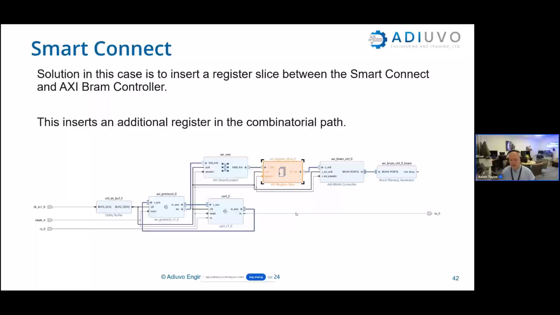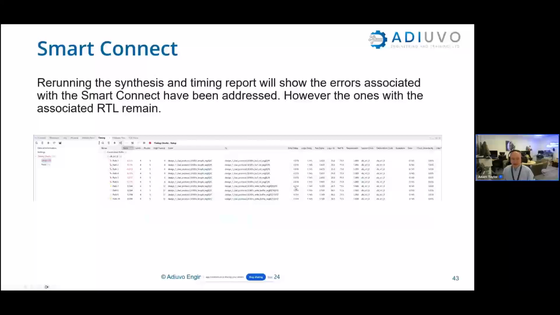So we drop the AXI register slice in there, and then I reran the synthesis to make sure that by putting this slice in and running the optimization again, that problem had been addressed and removed. And it had. If we run the timing again, and all these projects will be made available to you on GitHub, so you can go take a look. It had. So now we're stuck with the code that I've written.